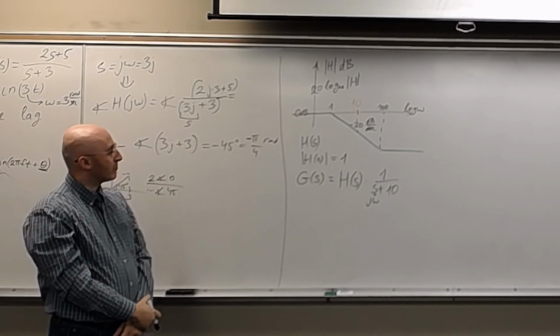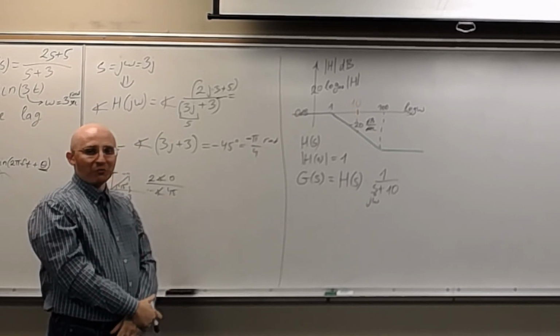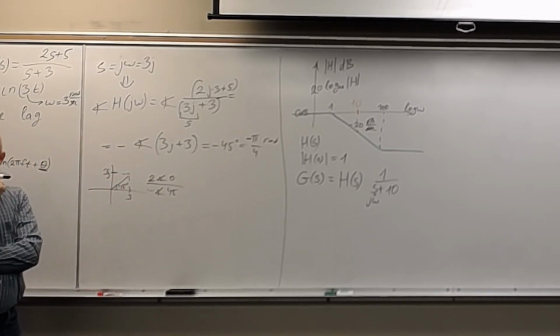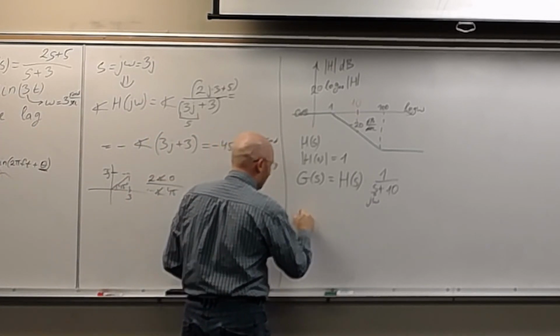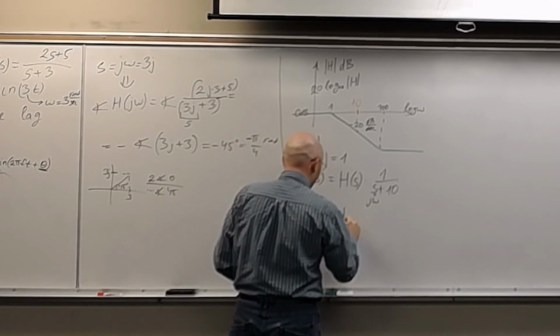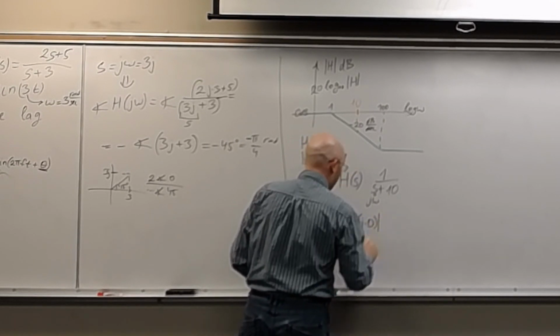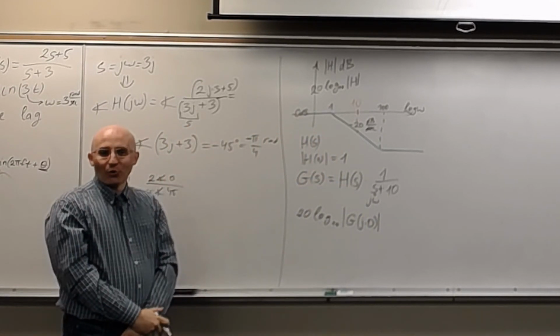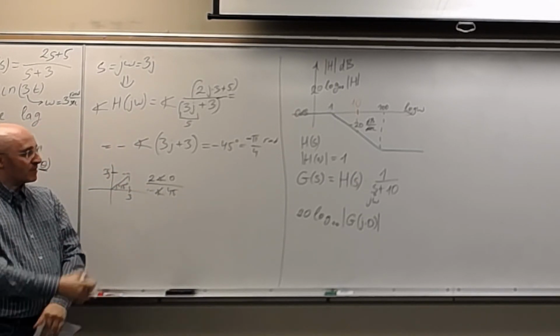So do we go to 1 decibel? Or is there any change? How do you compute that change? What do you need to compute? You need to compute 20 log 10 of the absolute value of j times 0. This is your initial point, right? That's where you start, at minus infinity.